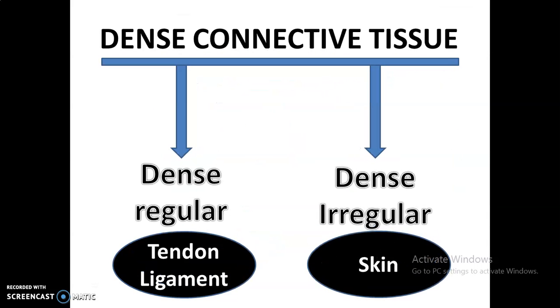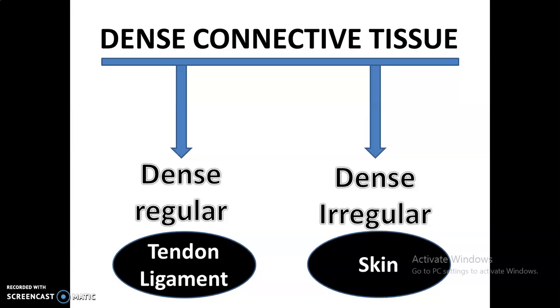And we have dense connective tissue. In this we have two types, that is dense regular connective tissue and dense irregular connective tissue, based on the orientation of fibers, which show regular and irregular patterns.